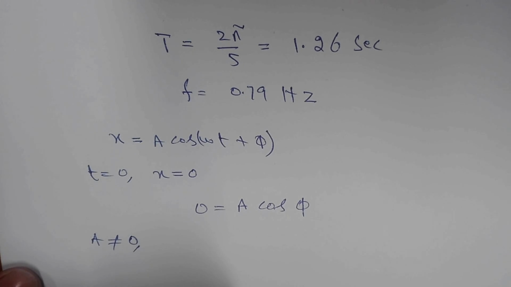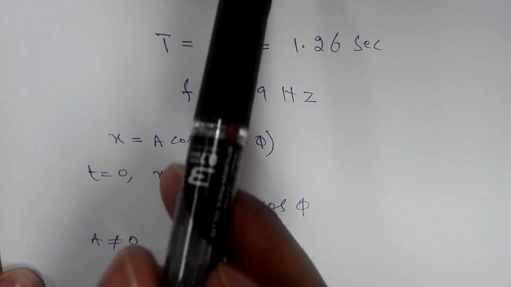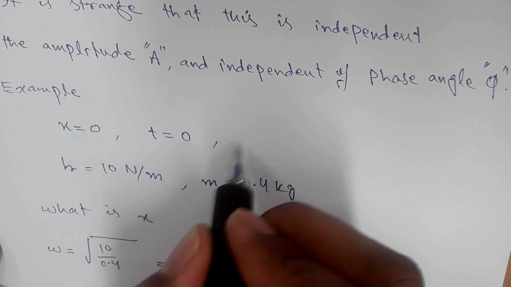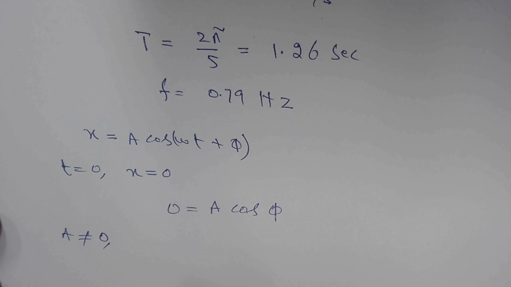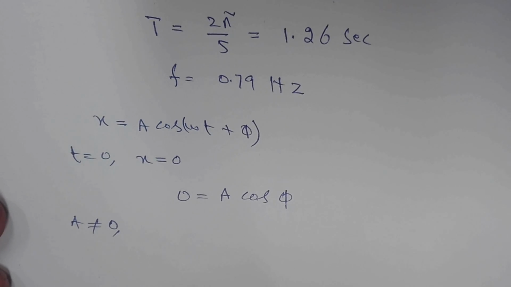The reason is that we released the oscillator at equilibrium and gave it a velocity of, I did not mention the velocity, so here the velocity is 5 meter per second. So we released the oscillator at equilibrium and gave the velocity of 5 meter per second.